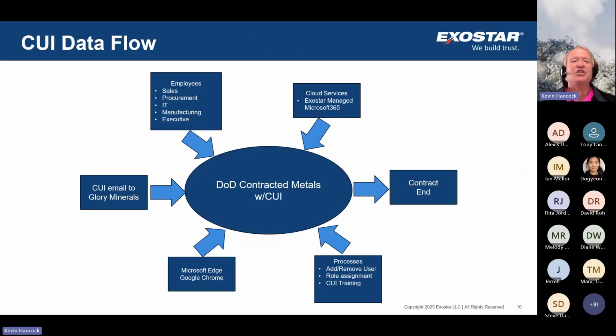Now, as you start to look at your current system, because this is all about creating that system security plan, and the system security plan is about the system that stores, processes, or transmits controlled unclassified information. So how does CUI come into my organization?